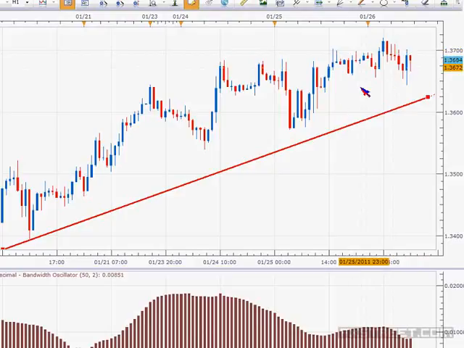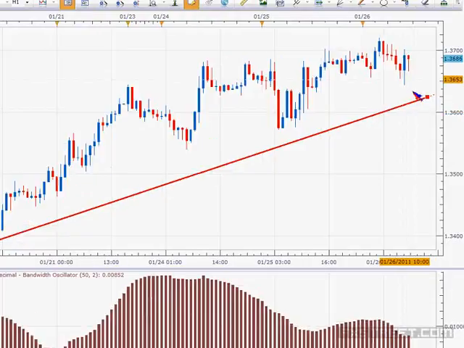In this case, if you have an opinion that the euro dollar may move to the downside, wait for prices to break below this trend line before you initiate that short trade. As traders, obviously we want to find winning trades, but we also have a lot of losing trades as well.